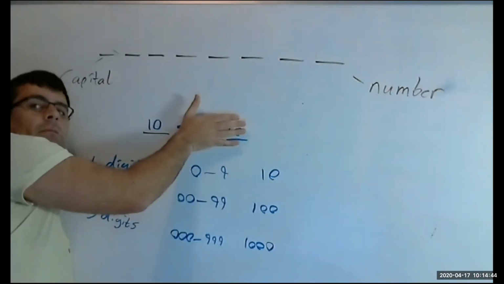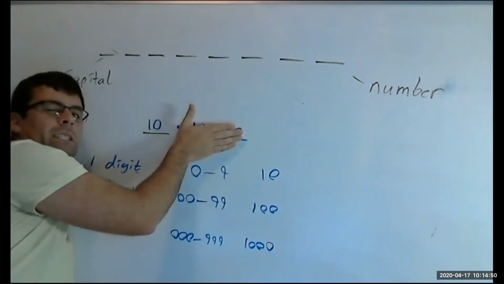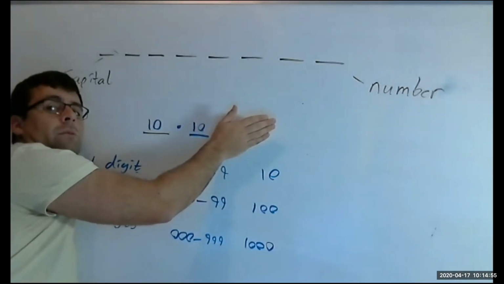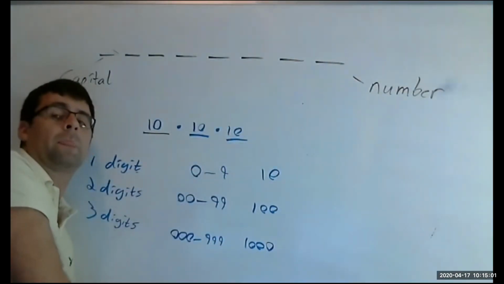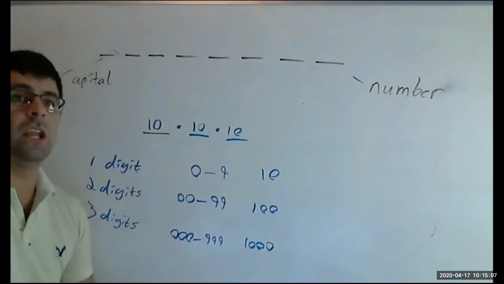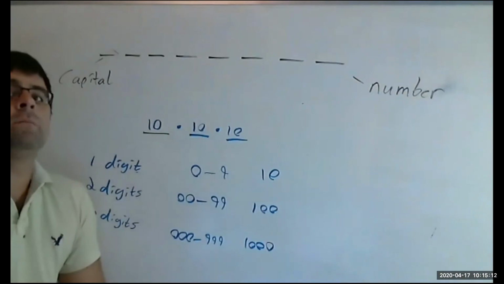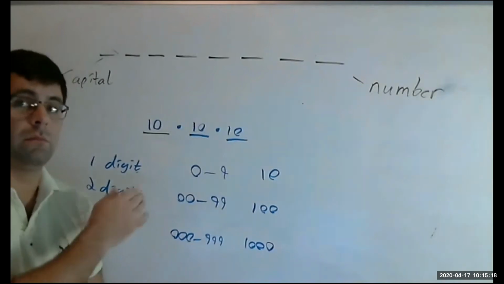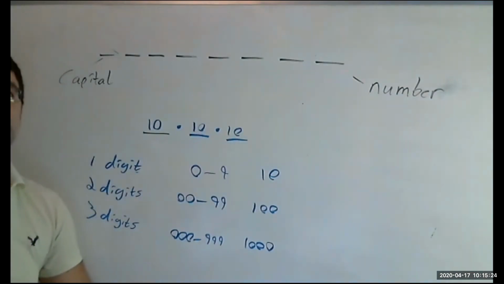What is 10 equal to? It's kind of a stupid question. It's equal to 10. What is 10 times 10 equal to? 100. What is 10 times 10 times 10 equal to? 1,000. So when counting, the number of possibilities you get is the number in each case multiplied through.